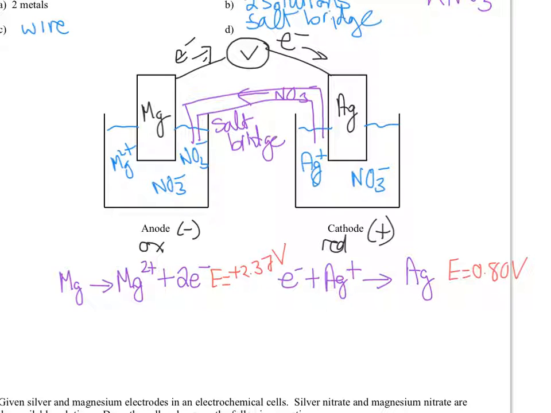If you remember when we did balancing in step 2, we would split the reaction into the two half reactions, the oxidation and the reduction, and then in step 7 we combine them back again.